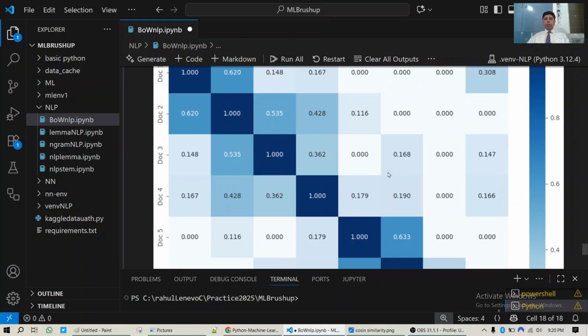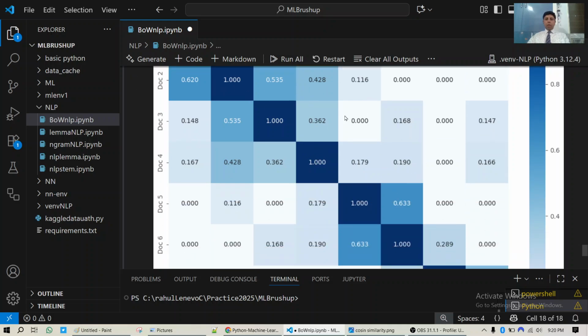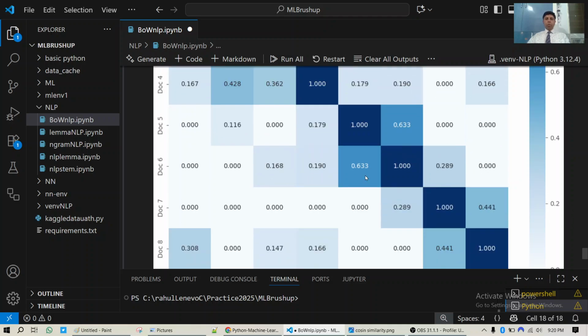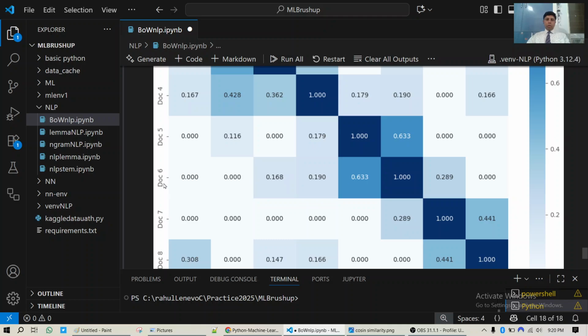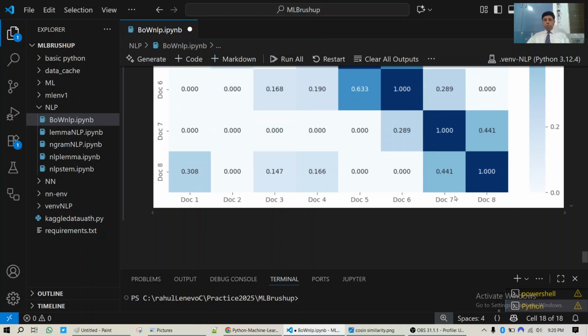Here in this context we call it a document, and the darker boxes in this heat map show greater similarity correlation between those two documents. If you see 0.289, document 6 has only this much similarity with document 7.